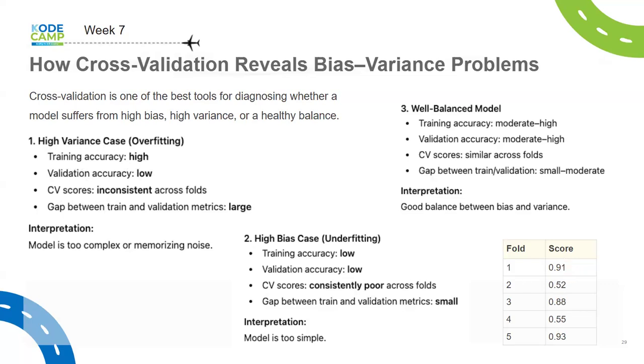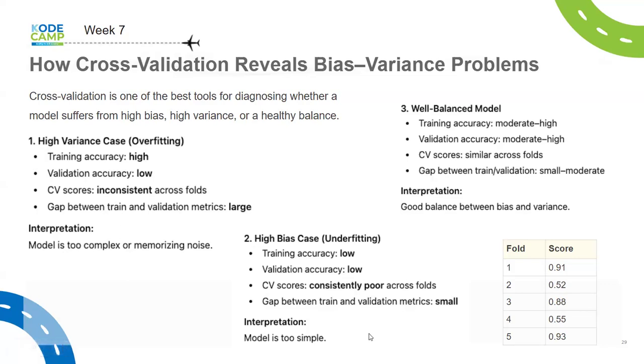If you check the gap between the training and validation metrics, for example the training accuracy and the validation accuracy, you see that the gap is large. So in this situation, you know that the model is too complex and it's either memorizing noise or it's just too large for the data.